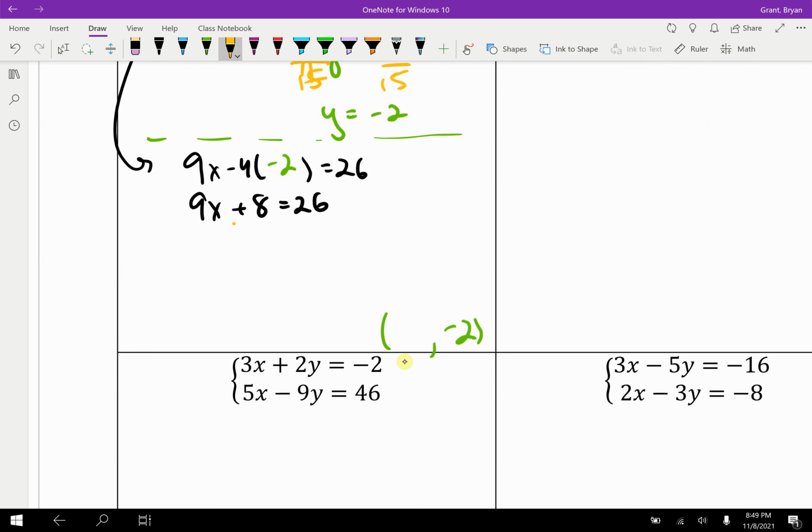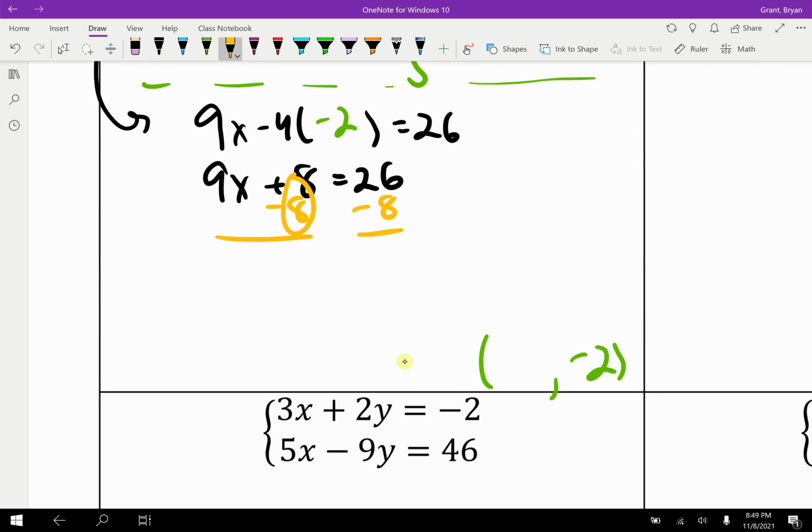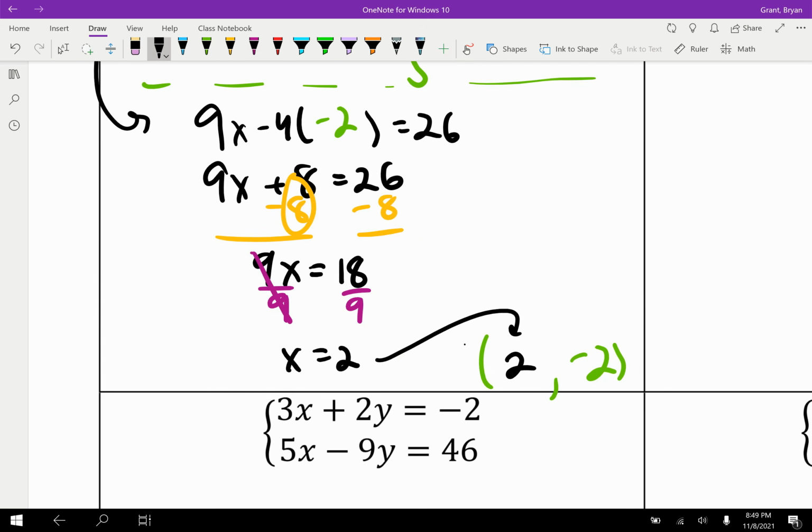And let's finish solving. Subtract 8 from each side. 9x equals 18. And divide by 2. And by 2, I think I'm jumping the gun here. I really meant divide by 9, and 18 divided by 9 is 2. And we found our answer of 2 comma negative 2.